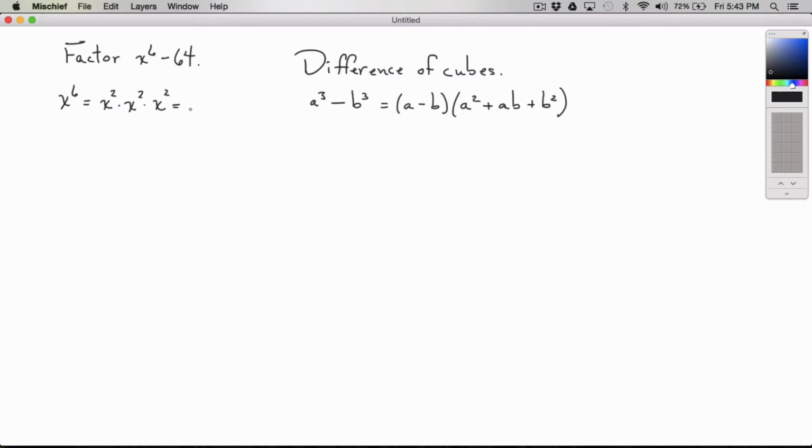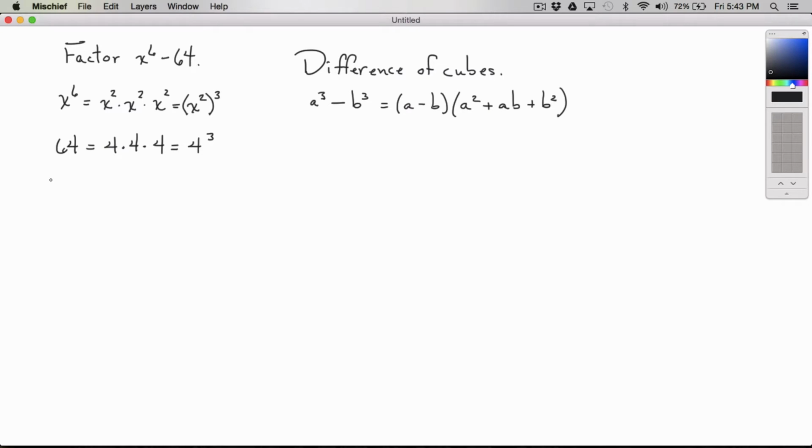In other words, that's just x squared cubed. So that's how x to the 6th can be written as a perfect cube. 64 can be written as a perfect cube if you think that 4 times 4 is 16, 16 times 4 is 64. So now I have 4 cubed.